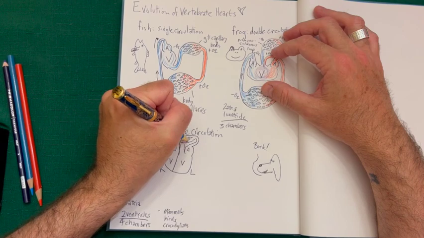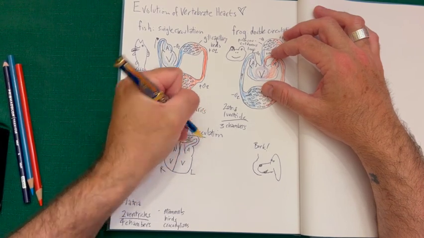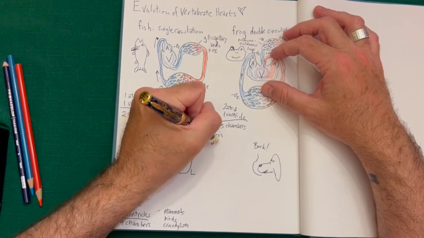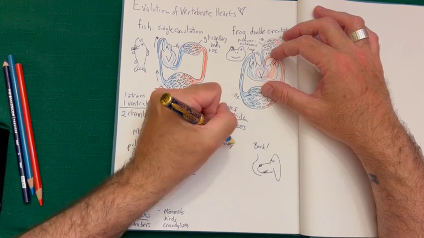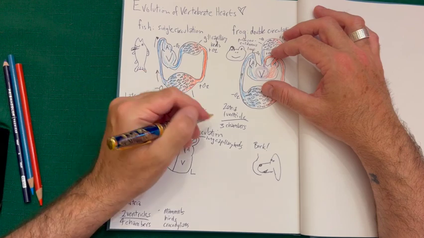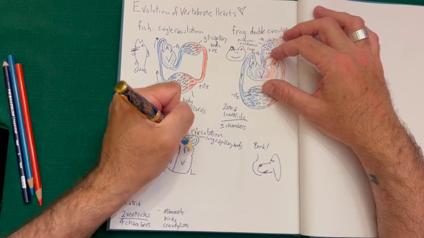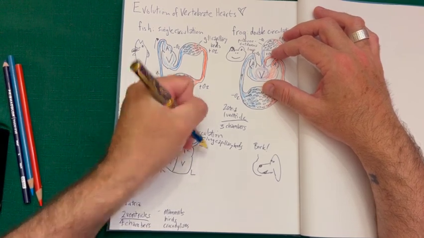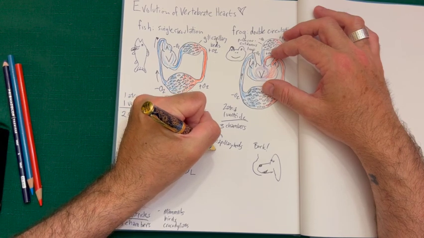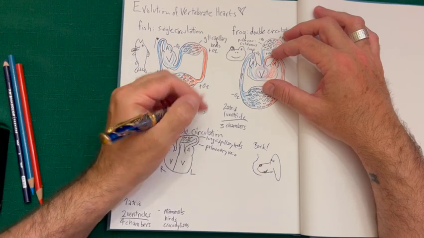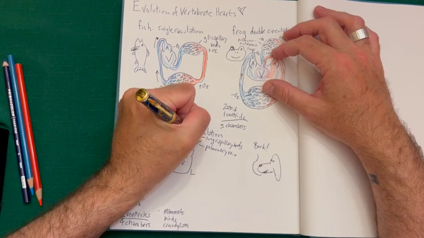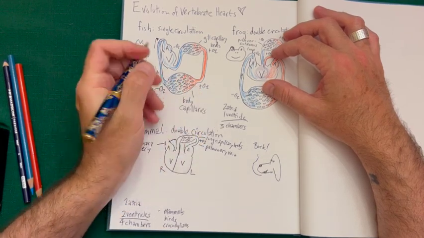Where is it going? It's going to the lungs, the lung capillary beds. And it's returning to the heart and the left ventricle via the pulmonary vein. And it is in the lungs where the blood gets oxygenated.